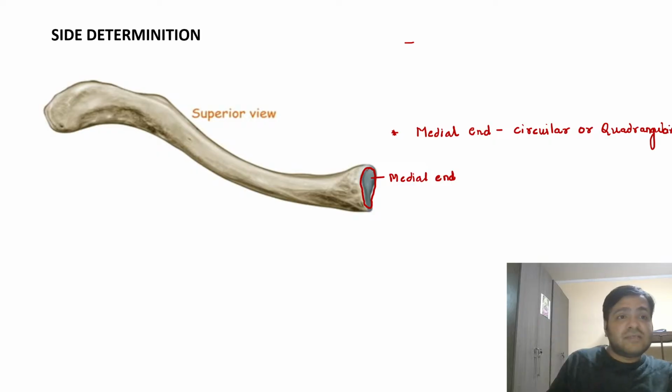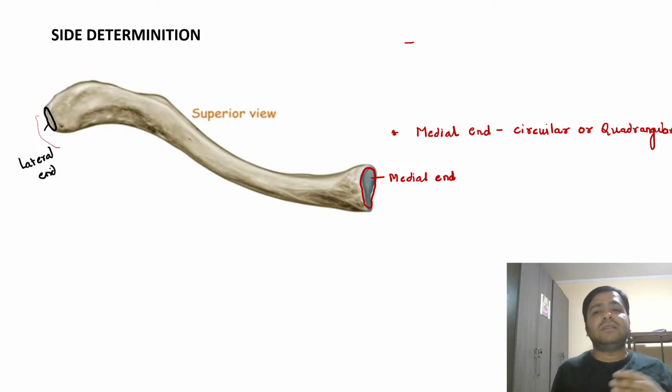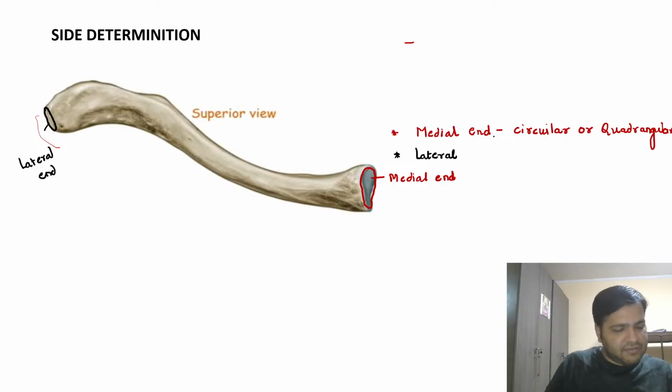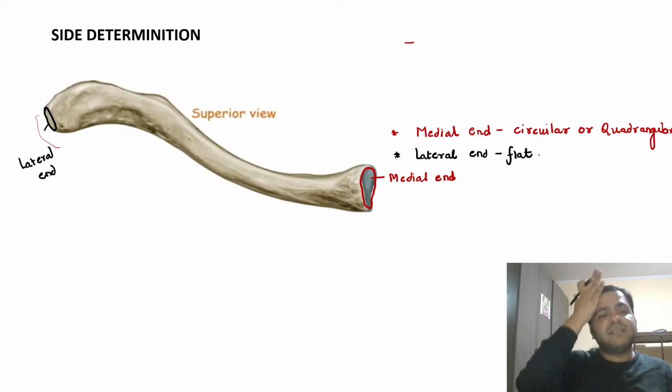Secondly, we have the lateral end. Guys, you already know the lateral end of the clavicle, or the acromial end, is flat, right?